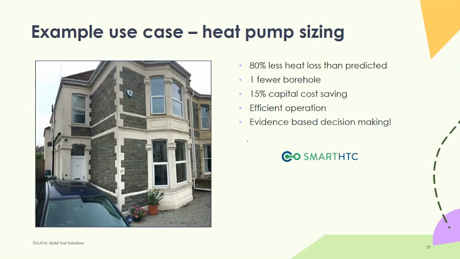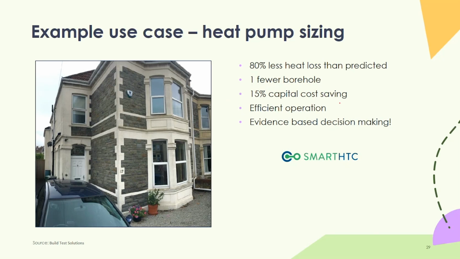This is another interesting one. So this is a private householder in Bristol, quite an engaged individual, who had already run lots of models and simulations of the thermal performance of their home. And they were having a ground source heat pump installed. And actually, when they measured the heat loss of the property, it was much more thermally efficient than the model suggested, which led to, this is a one-off single isolated property, needing one fewer borehole.